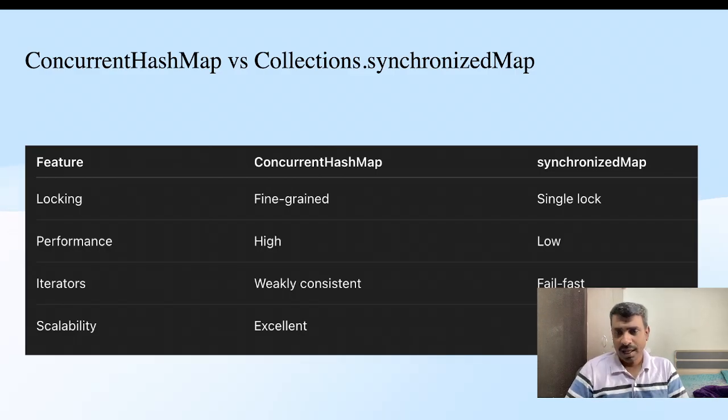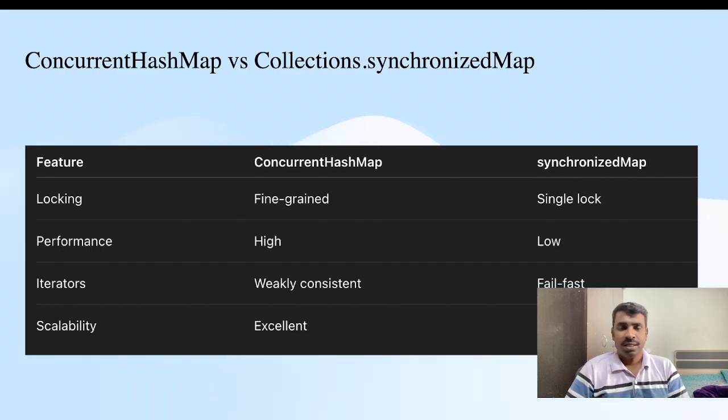And everyone knows we have Collections. Inside Collections we have a synchronizedMap, right? So synchronizedMap is also thread safe. What is the difference between synchronizedMap and ConcurrentHashMap? Locking: ConcurrentHashMap is fine grained, synchronizedMap has a single lock.